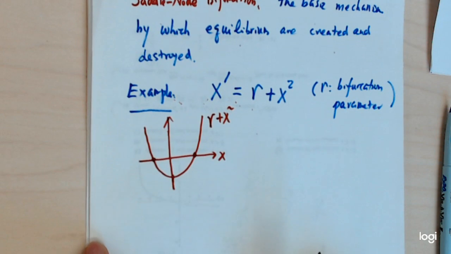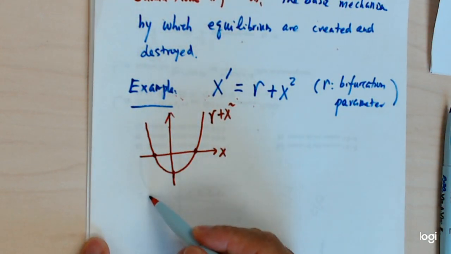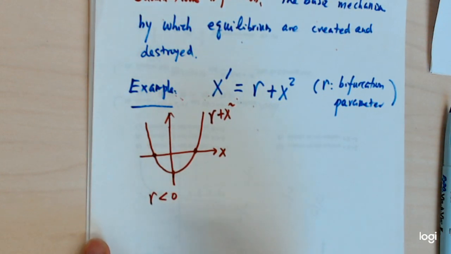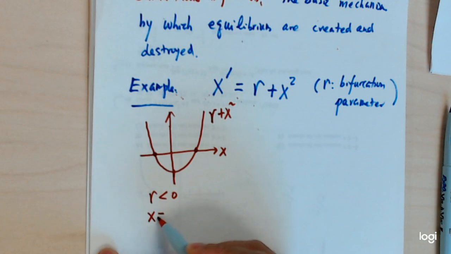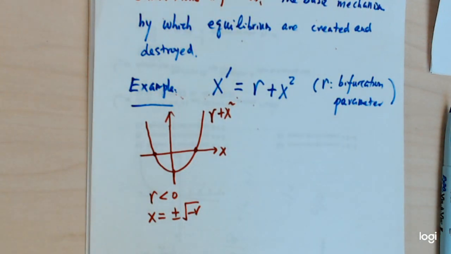Obviously the parabola looks like this, so r has to be negative. The two equilibria are positive or negative square root of negative r. You set this equal to 0 and solve for x. But r has to be negative.